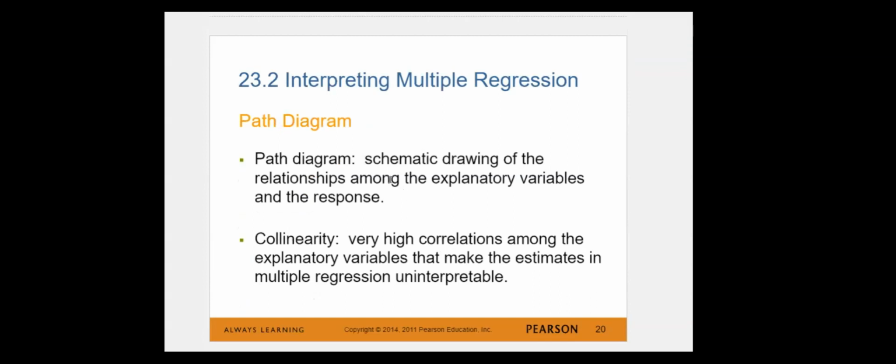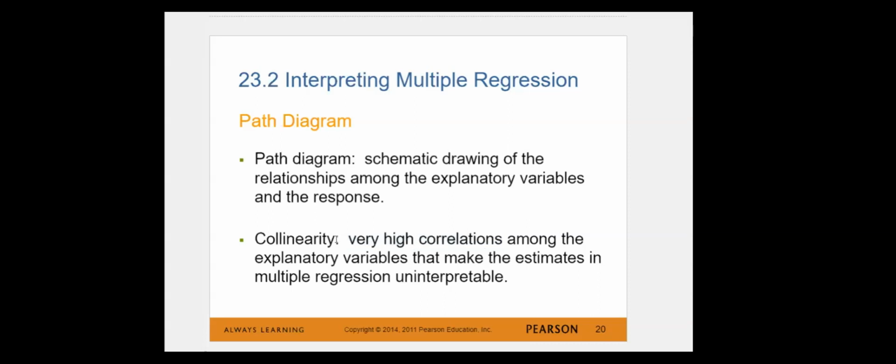What is a path diagram? A path diagram is a schematic drawing of the relationships among the explanatory variables and the response. And what is collinearity? If there is a high correlation, in this case it was not high, it was a moderate relation between independent variables or explanatory variables, right?